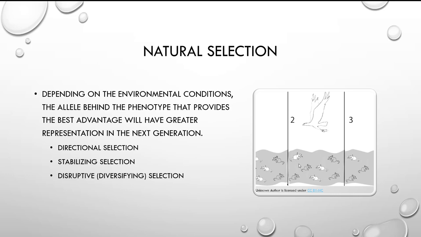Over time you'll see less of the white mice because they'll die off before they are able to breed. The dark colored mice will survive longer, and so they'll pass on their dark coloration gene to the next generation. So over time we'll see less of the white mice and more of the dark coloration mice being born, and the population as a whole will shift, right?